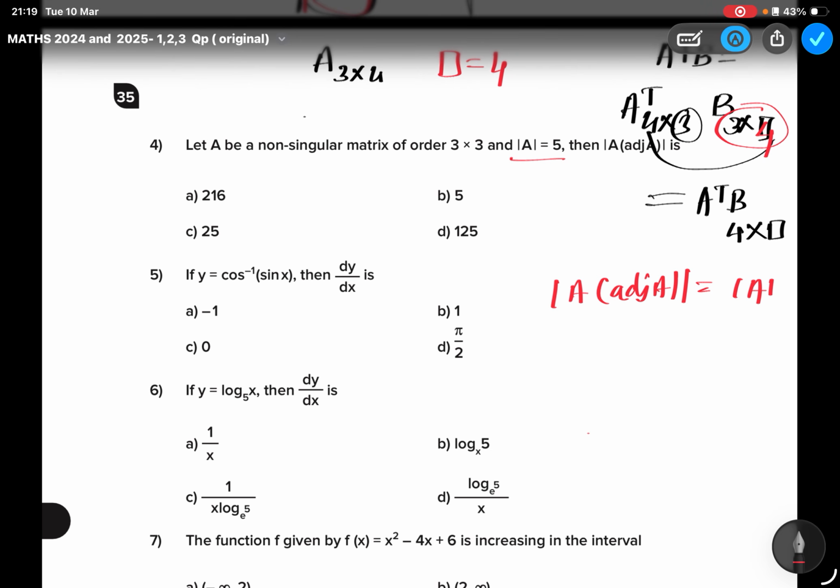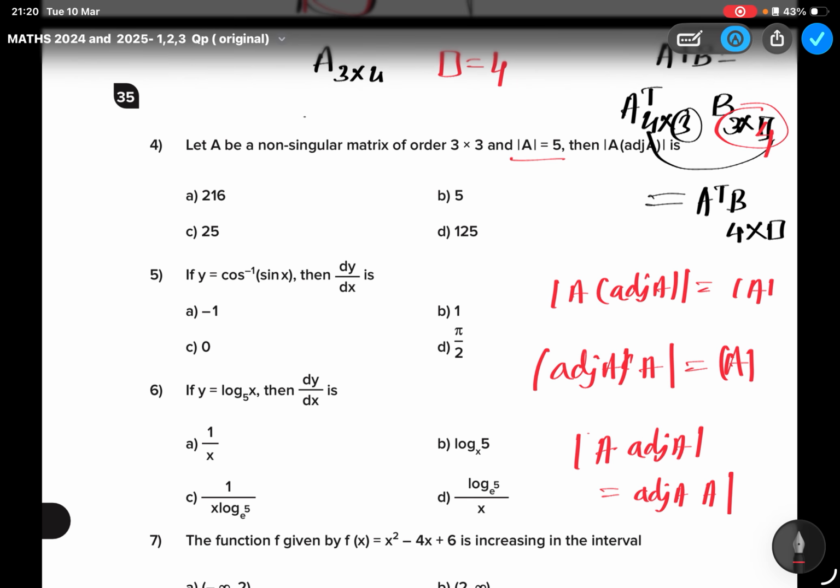So adjoint of A into A, sorry, A is equal to A. A into adjoint of A or adjoint of A into A are equal to determinant of A times the identity matrix.